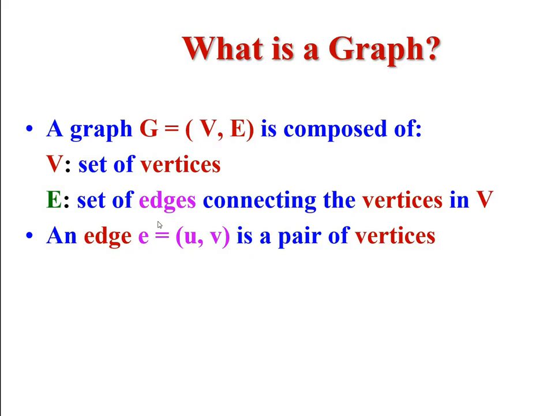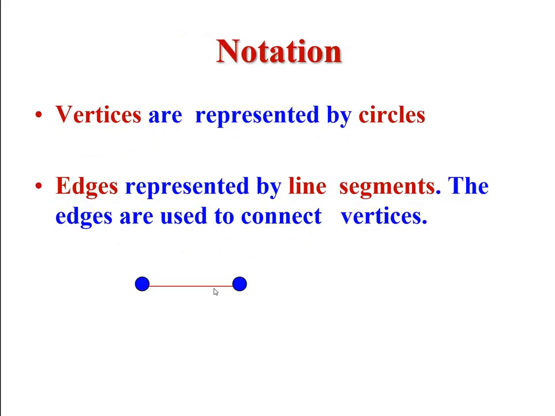So the collection of edges is capital E, the collection of vertices is capital V, and G is the vertices along with the edges. That is called a graph. Vertices are represented by circles and edges are represented by line segments. The edges are used to connect vertices.